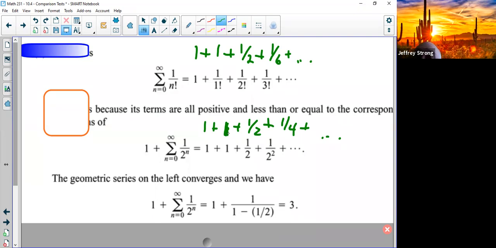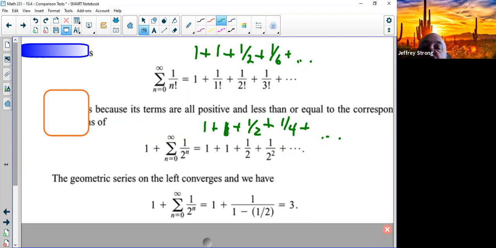So they tied. And so it's kind of hard to tell until you go from the 4th term on, then the 1 over n factorial is in fact less than 1 over 2 to the n. So since 1 over 2 to the n is a converging geometric series, and the one that we're interested in is less than that, then it converges.